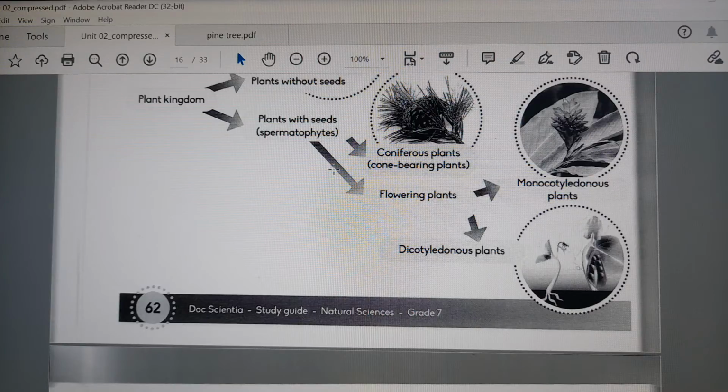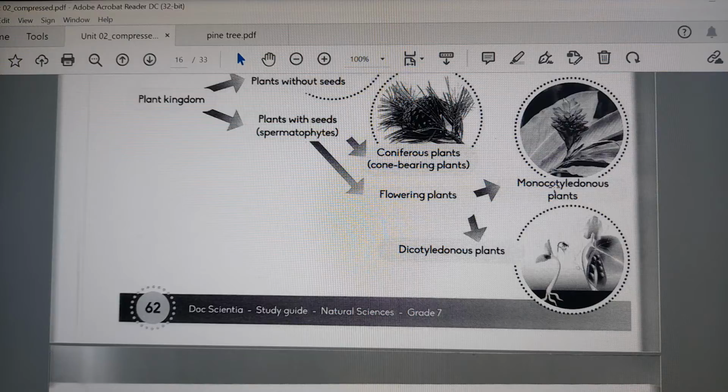Plants with seeds are also divided into two. We have the coniferous plants, which are cone-bearing plants, like your pine tree. And we've got flowering plants, and flowering plants are divided into two as well.